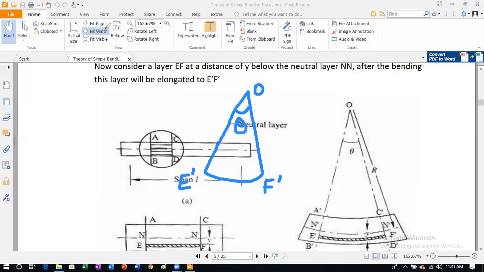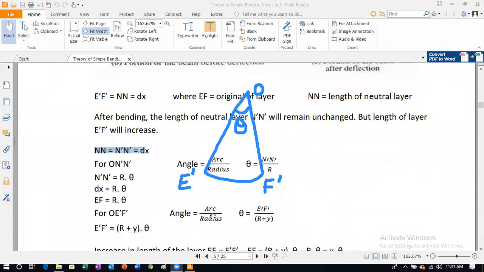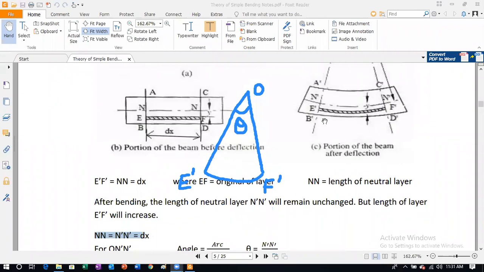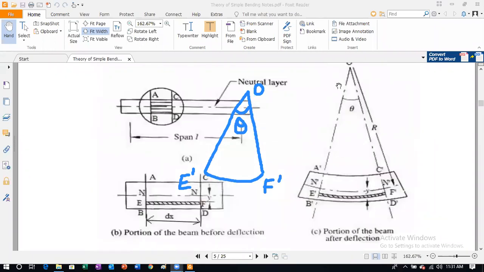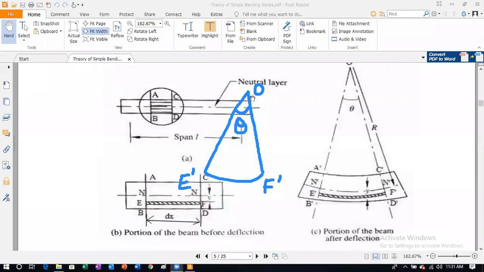So from this diagram, angle is equal to arc divided by radius, theta is equal to E dash F dash, which is an arc, a curvature, divided by R plus y. The radius is now R plus y. This O E dash will become what?